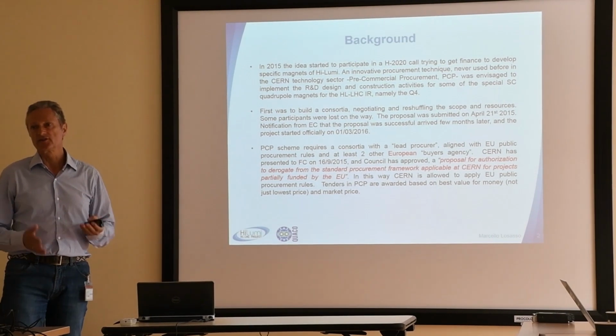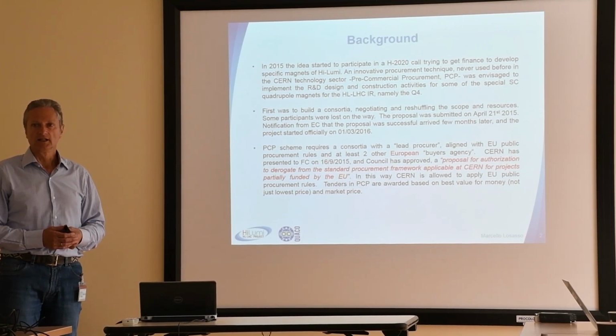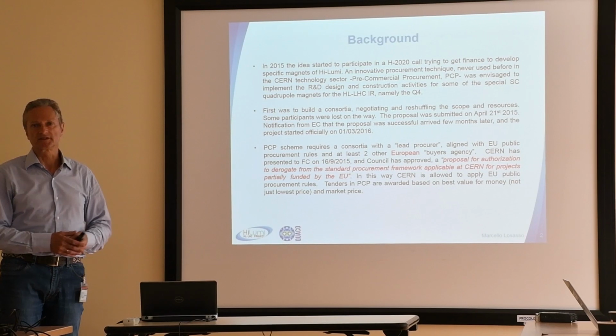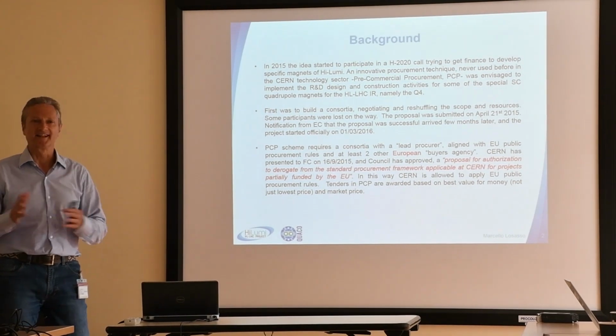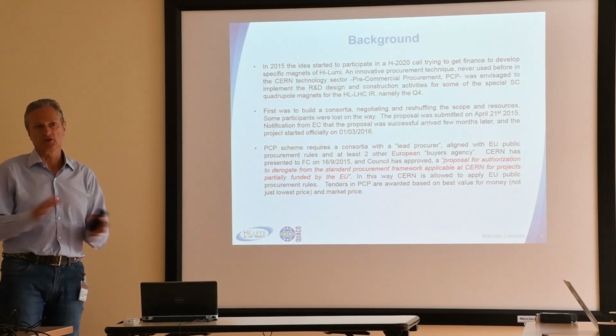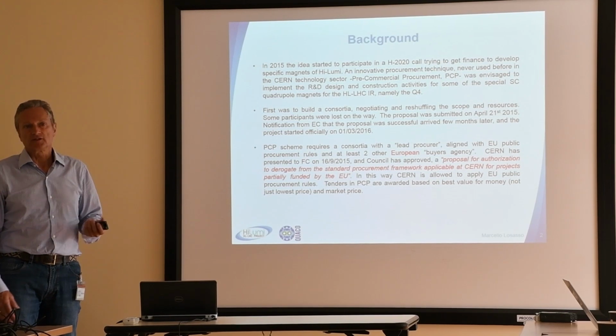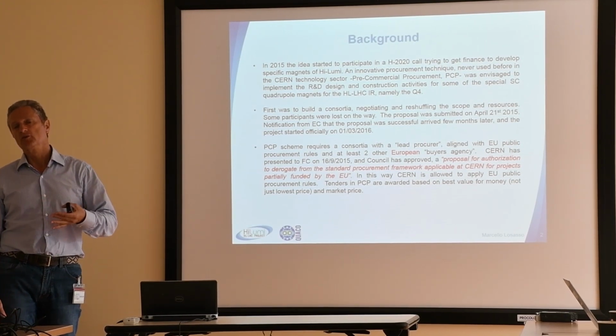For example, CERN is not. Because CERN is not a European institution, even if it's called Centre Européen pour la Recherche Nucléaire, it's nothing European. It's something that is out of the scope of the convention of the European Union. And so CERN, for example, has its own rule of procurement.